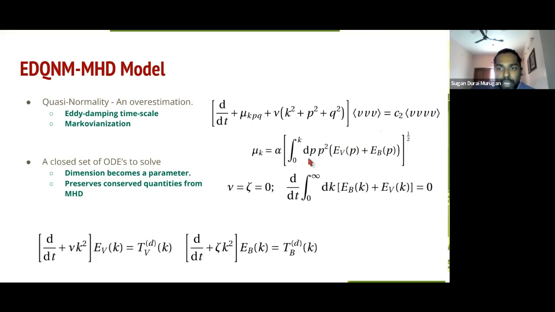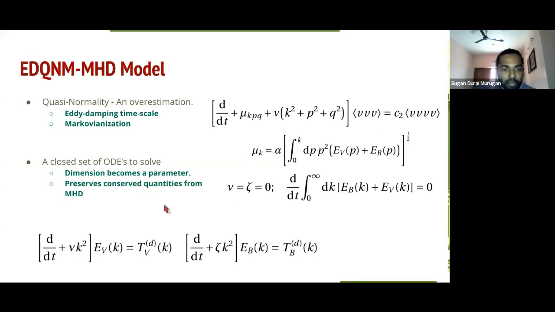So Orszag and Frisch proposed this eddy time scale for both kinetic spectrum and magnetic spectrum, and introduce the eddy damping term. And the last one is the Markovianization, which is basically we assume the model does not have memory effects, and then we assume the third order moment forgets soon. So that's the Markovian assumption.